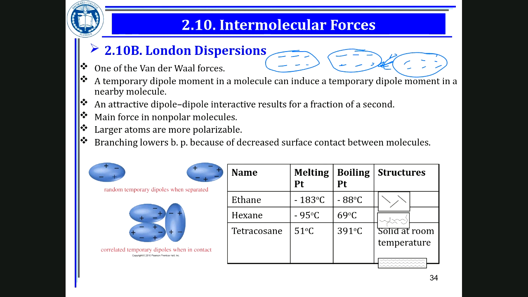If the electrons are pushed away, you get a slightly different arrangement of the electrons. So you get positive charge here and negative charge on the other end of the molecule. This is like a domino effect.